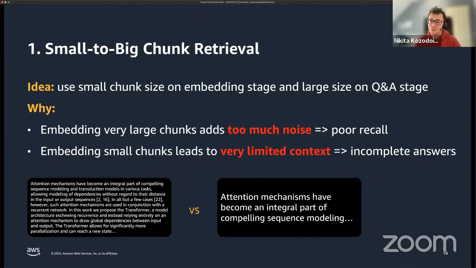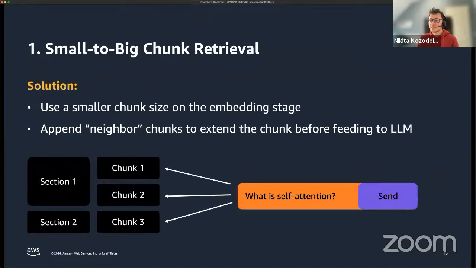So one of the ways to solve this problem is to actually use both: start with small chunks and then go to the big chunks. I will explain what I mean here. Let's say we have our question, what is self-attention? And we try to look through our document. Let's say for simplicity, we have 2 sections in the document and we have 3 chunks, the first 2 coming from section 1 and the third one coming from section 2.